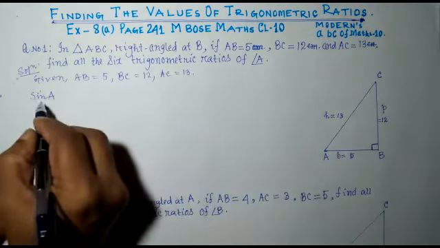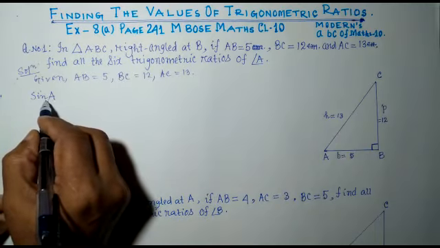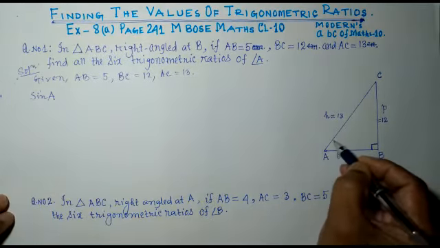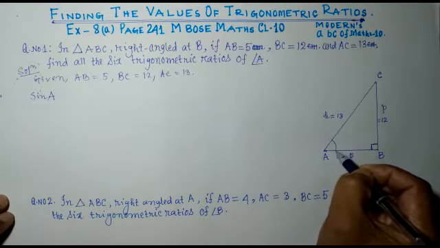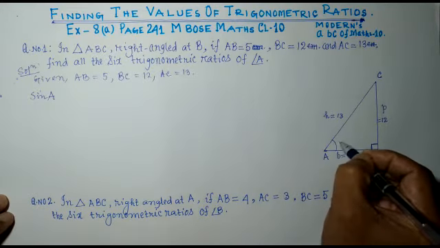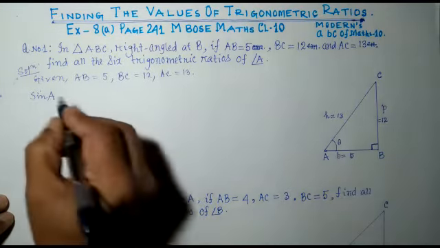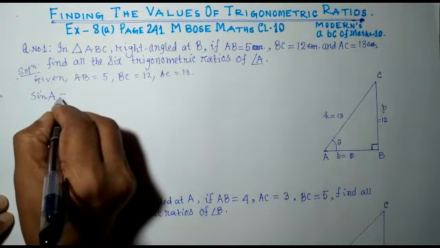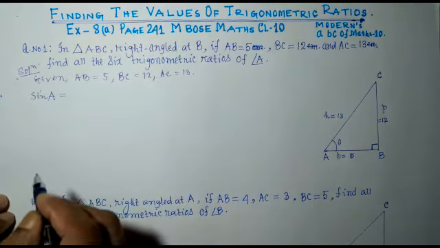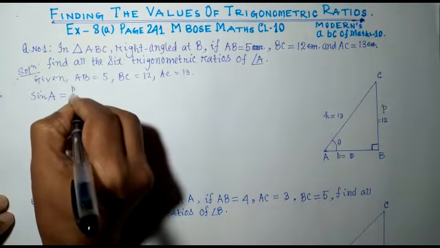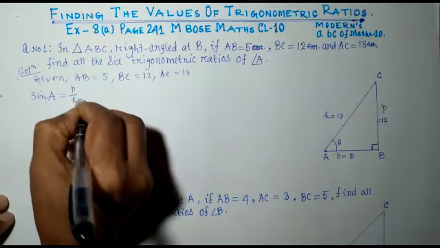And now we will find the 6 trigonometric ratios. First trigonometric ratio is sine A. With reference to angle A, we can mark here angle A, and this is our theta. If we want, we can also write the unknown angle. Now sine A, what is the formula? Perpendicular by hypotenuse.